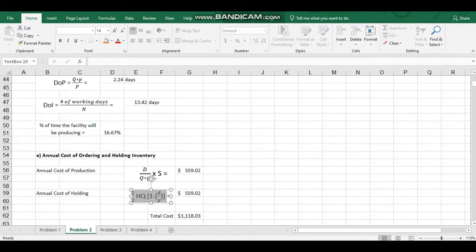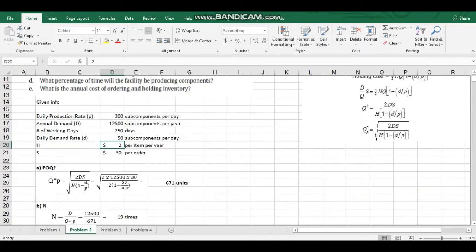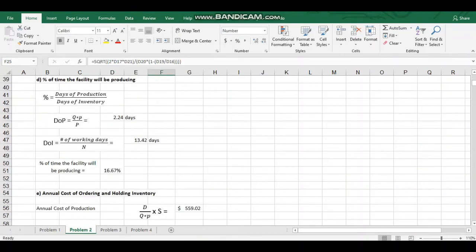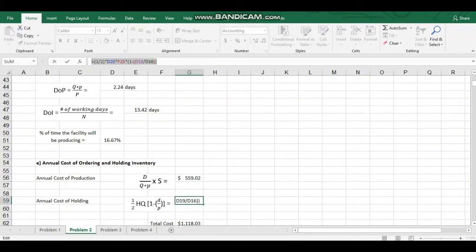So the holding cost is $2, and then the Q star is this one, and then we multiply it by 1 minus D. The D is 50, and the production rate per day is 300. You can see the formula here and where they are referring to, and finally we have $559.02 as our annual cost of holding.